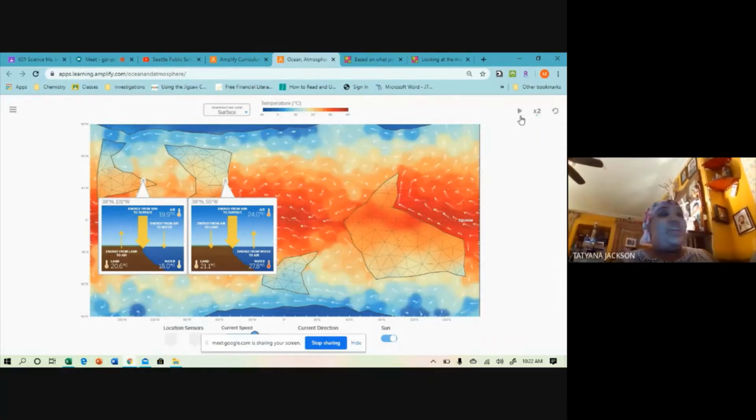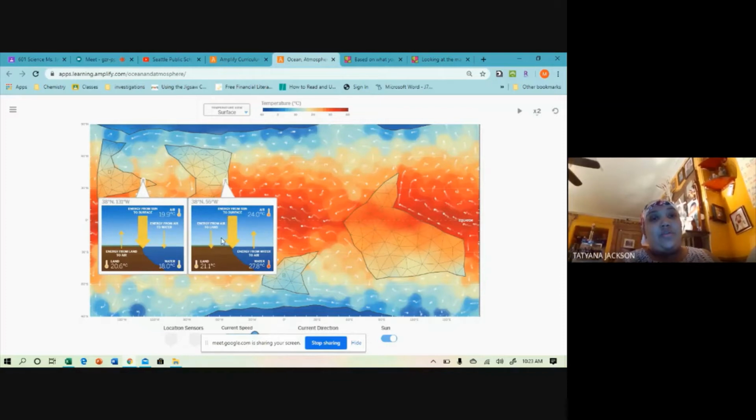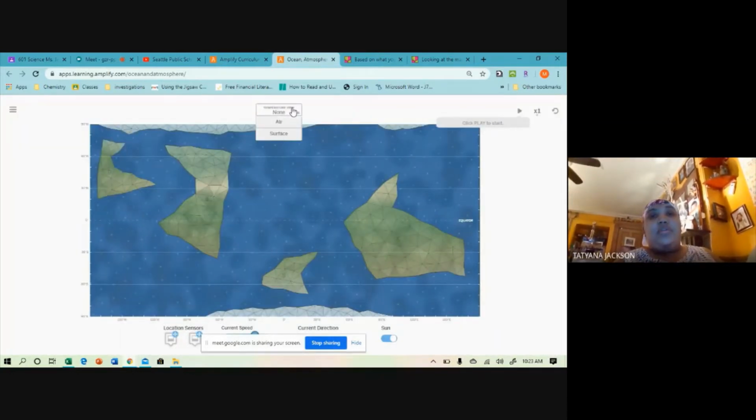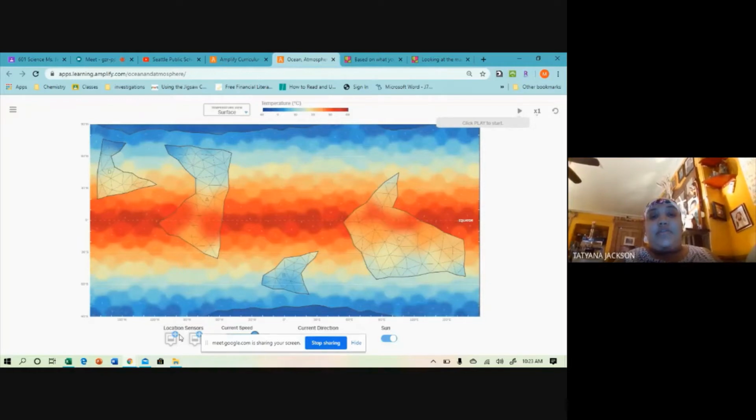So what type of current is running past sensor 4? What type of current do you guys think is running past sensor 4? So we're looking at the surface.